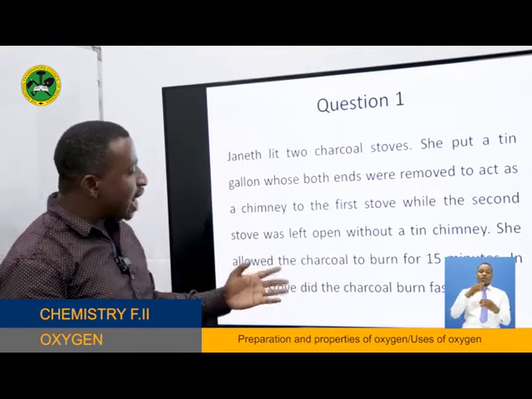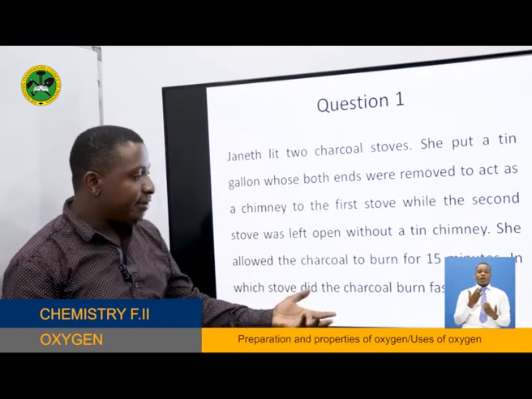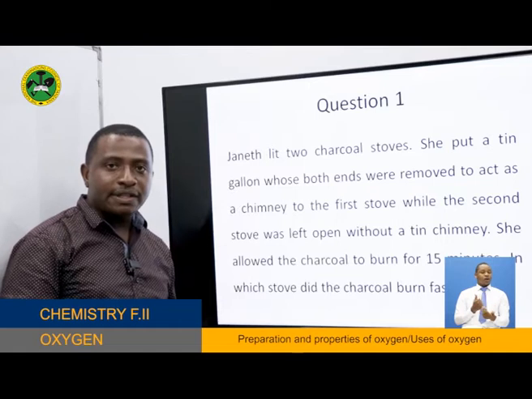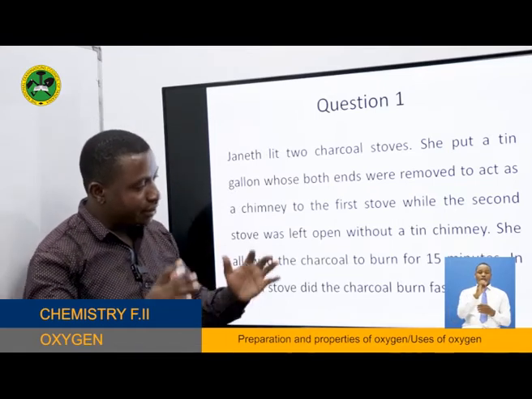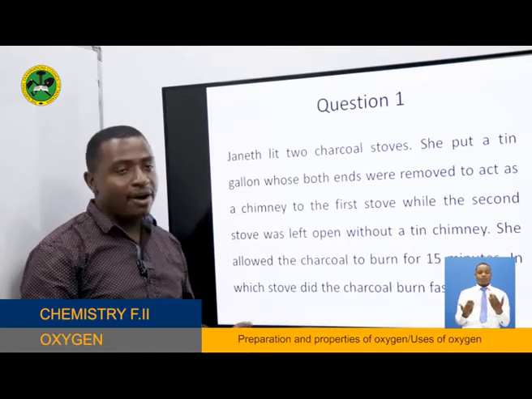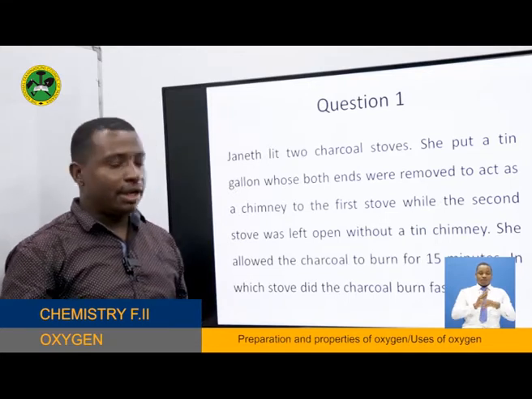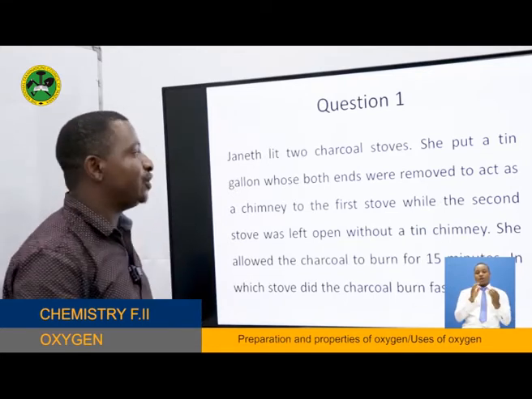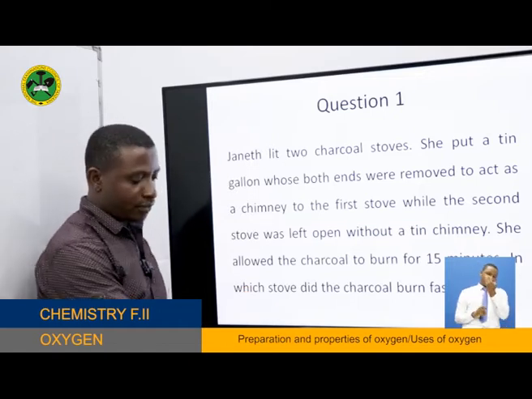Therefore, a charcoal stove with a chimney will burn very fast because there will be a high concentration of oxygen within that chimney, while in the other one, air is just passing through it, and there is not much concentration of oxygen. This is how you can respond to this kind of question.